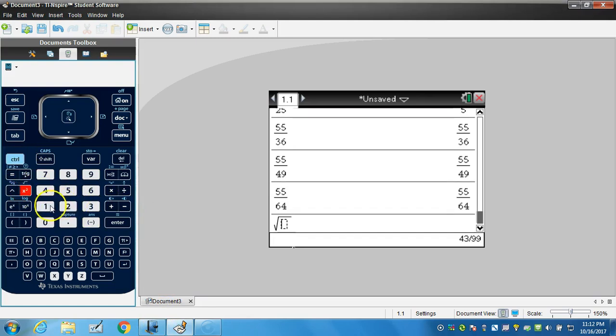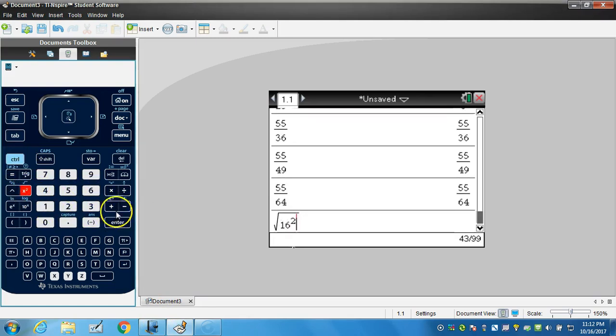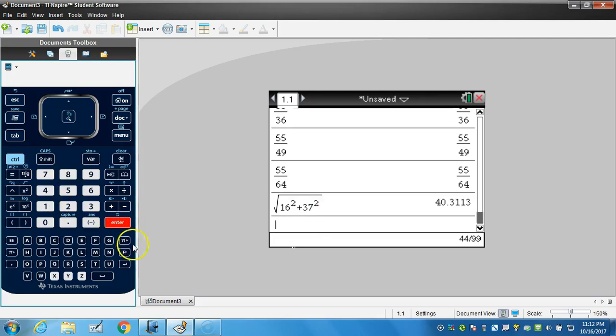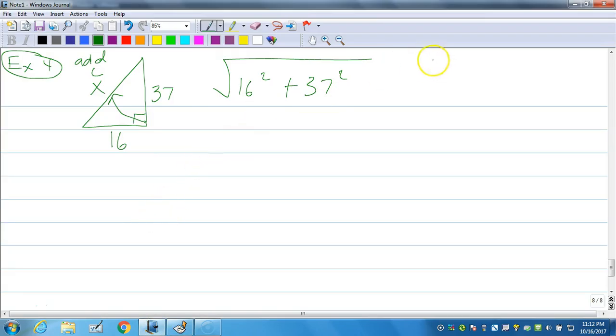The square root of 16 squared plus 37 squared, 40.3. And we're done. Alright, no work. Unfortunately, if you're learning how to simplify this by hand, we have to do the work.